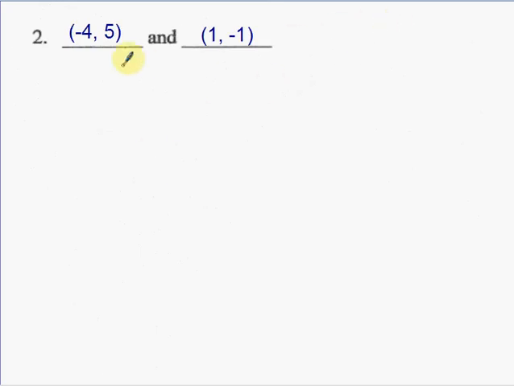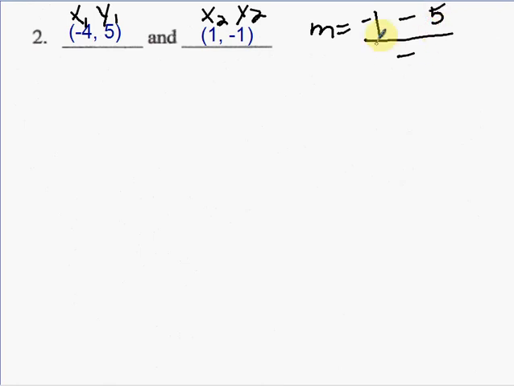So let's go ahead and find the slope. We'll do the slope in black. So let's label x1, y1, x2, y2. And we'll set up our slope formula with the 2 minus signs. Y2 is negative 1. Y1 is 5.